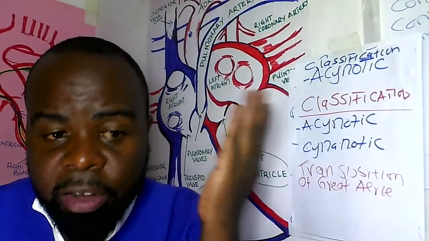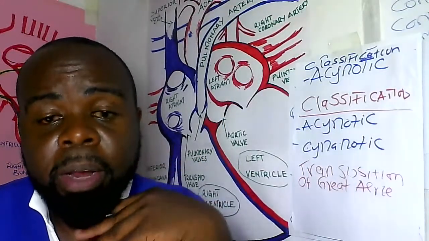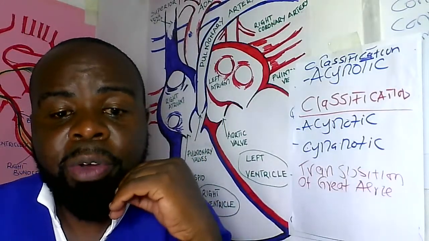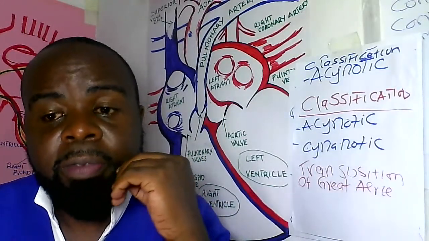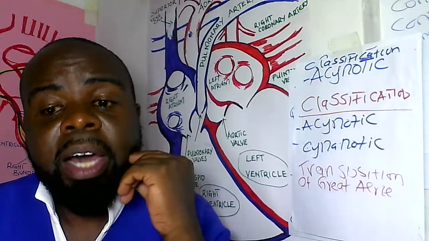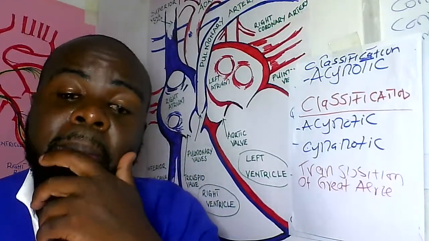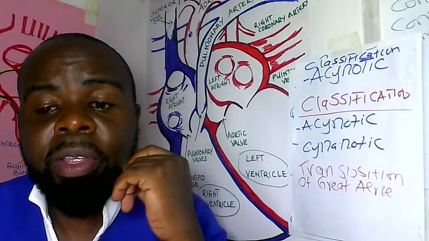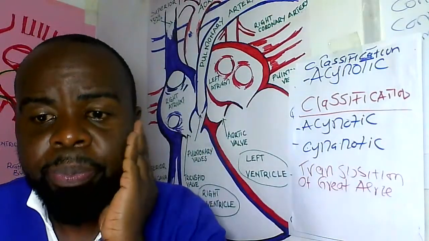The flow of blood to the lungs will have a problem. Infective endocarditis, that is an infection. Arrhythmias, the heart beating badly, or not in order.